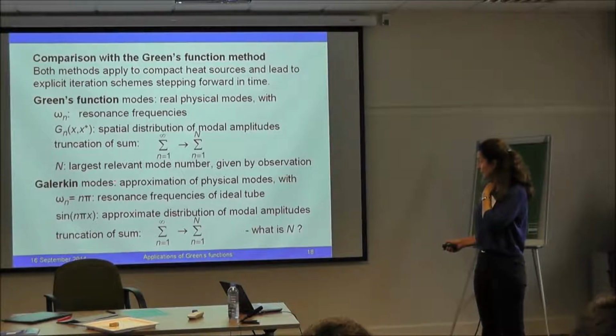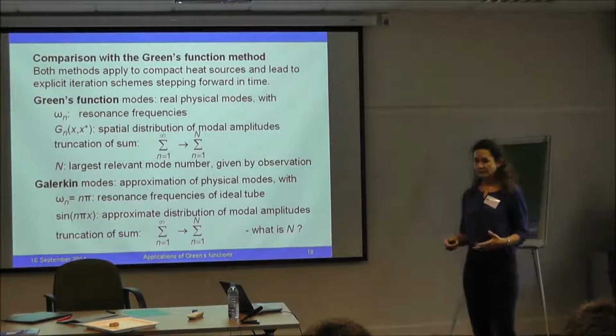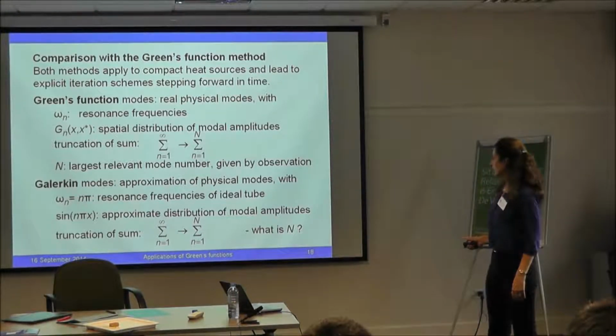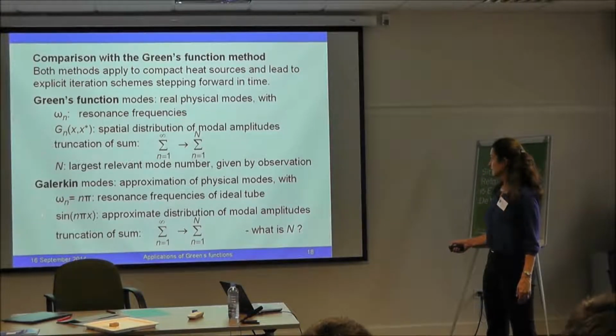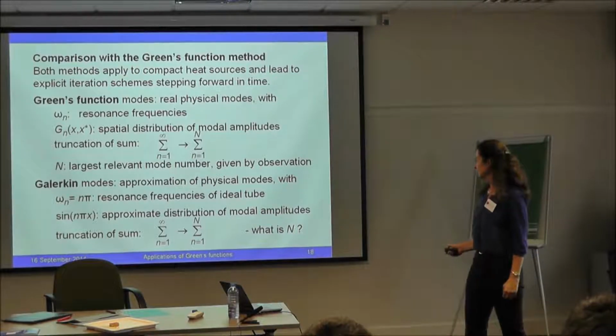It's different for Galerkin modes. Here modes are involved, they are physical modes, but they are only approximations to the physical modes, with resonance frequencies of an ideal tube. So if you have a non-ideal tube, these omega n's are only approximations. And the sine function here is only an approximate distribution of the modal amplitude.